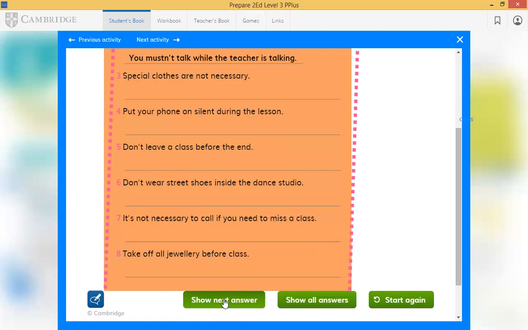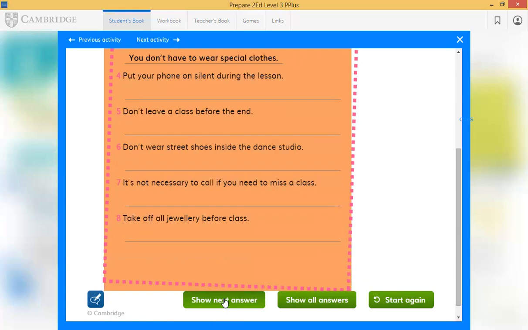Number 3: special clothes are not necessary. You don't have to wear special clothes.